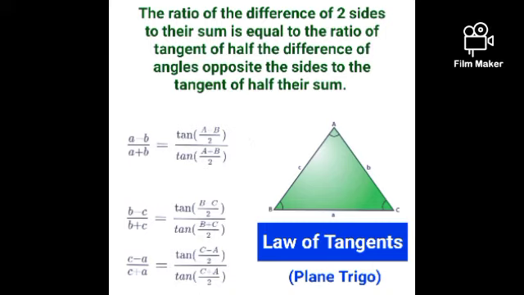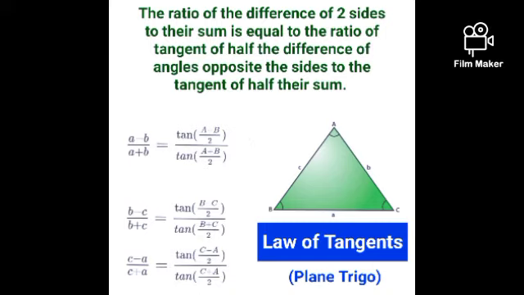Half their difference is denoted by B minus C over 2, and half their sum is denoted by B plus C over 2. And at the right hand side, you have the ratio of the tangent of half the difference of the two angles opposite the two sides, and the tangent of half the sum of the two angles opposite the two sides.